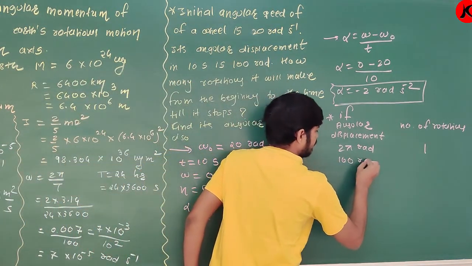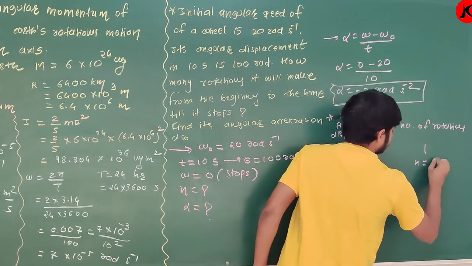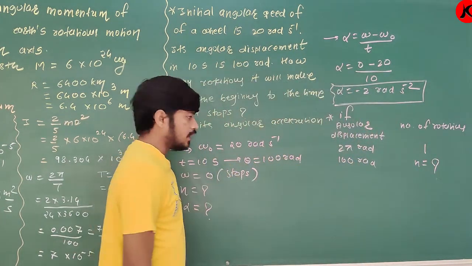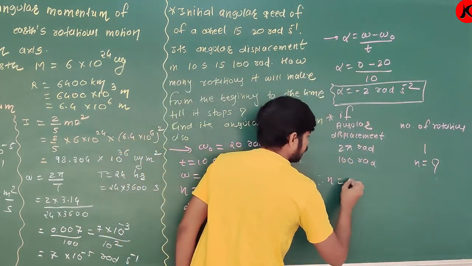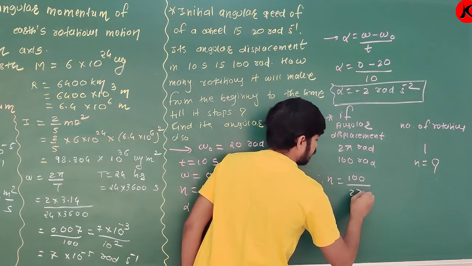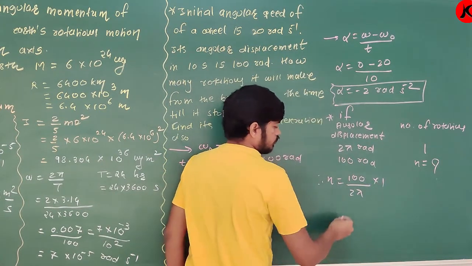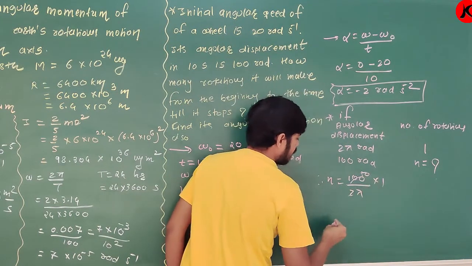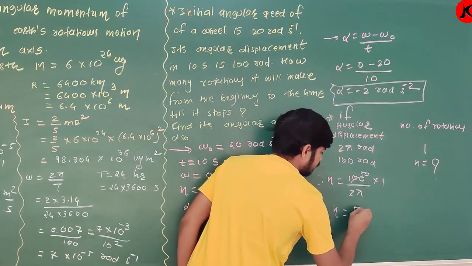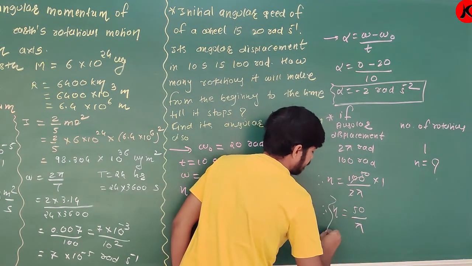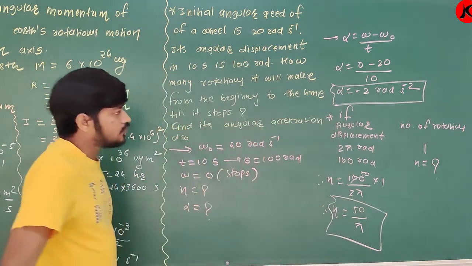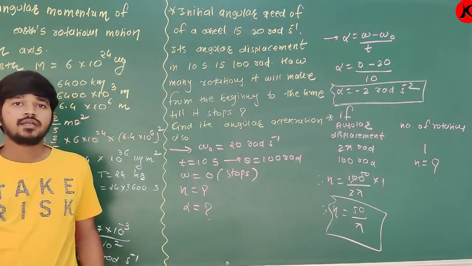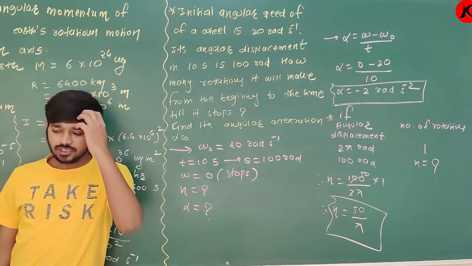Then for 100 radian, the number of rotations is question mark. So therefore n is equal to 100 upon 2 pi into 1. So 2, here it will be 50. So therefore n is equal to 50 upon pi. Clear? So it is one easy question.